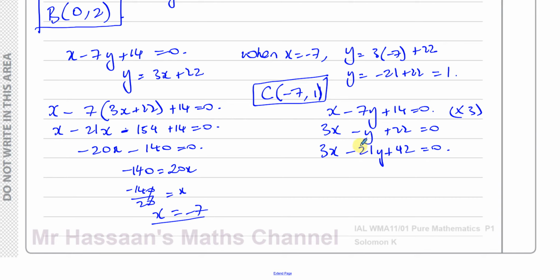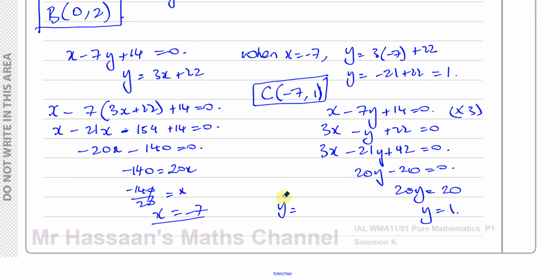So I have minus y minus 21y, which is minus y plus 21y, which is 20y, and 22 minus 42, which is minus 20, equals 0. So I have 20y is equal to 20, so y is equal to 1. And if I substitute y equals 1 back into this equation here, not into this equation here.